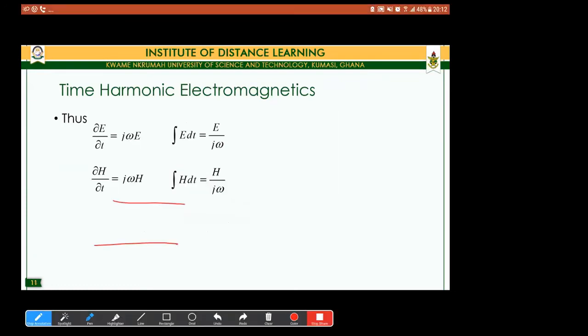Now let's see what information we can derive from that. So when you have e^(j omega t), E has the component of what? e^(j omega t). If you differentiate this with respect to time, you get what? j omega, times the whole thing again. And the whole thing will be what?